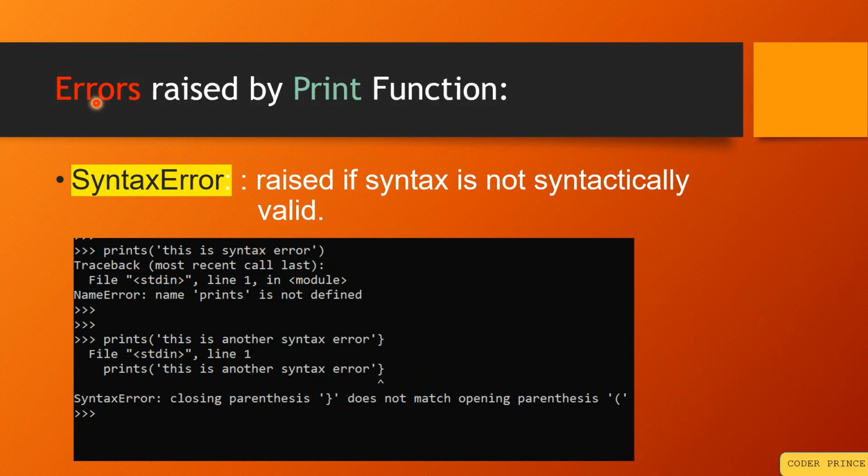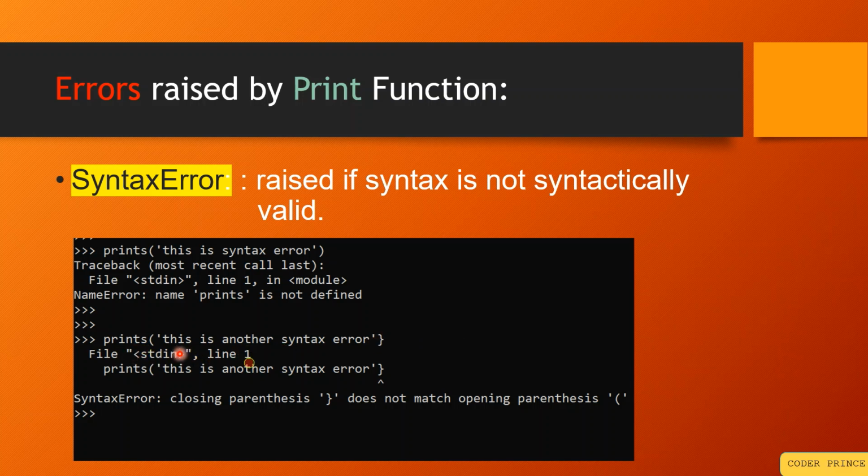Coming to errors raised by the print function, you can have a syntax error at times when you misspell words, right? The syntax is not syntactically correct or valid. So here you have a few examples like prints. When you misspell the word print, it has to be exactly print, right?